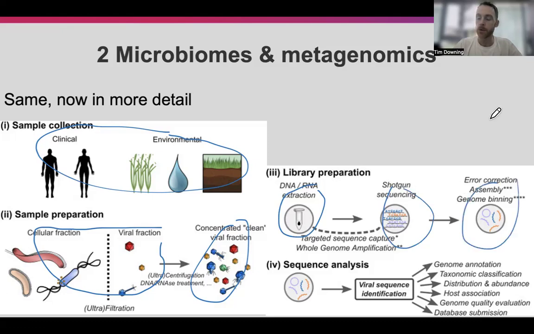And then we want to do some computational analyses on that to interpret the genome origin, taxonomy, the annotation, distribution and abundance in that specimen, and links to the host, and other analyses that are relevant to us.